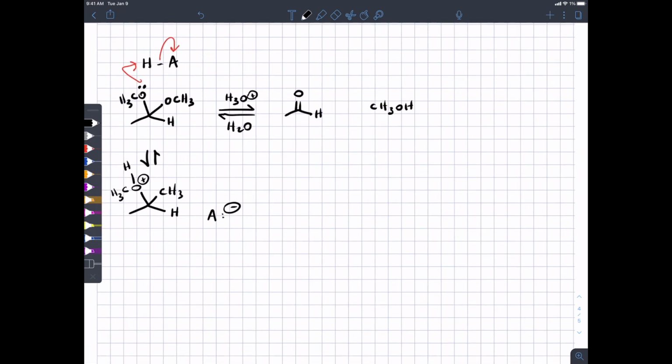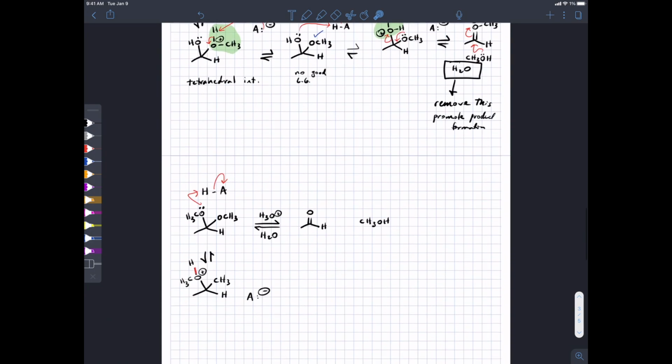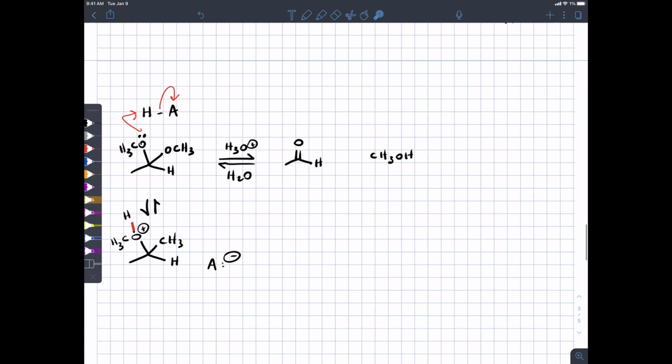All right. So yes, and notice that the arrows tell us what happened and tell us what the intermediate should be. This arrow means we made this bond. This arrow means this bond broke, and we have a negative charge on the base. Oh my goodness.